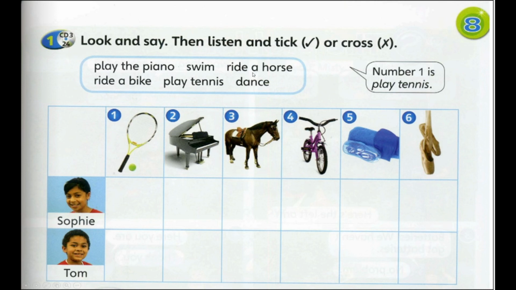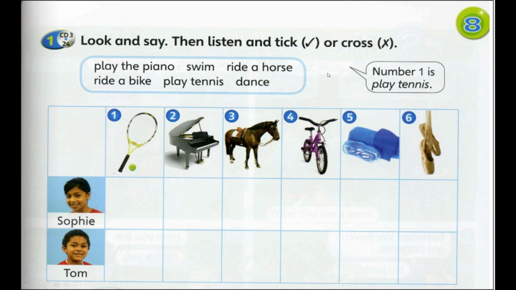Definitely ride a horse. What about picture number 4? Good, everyone. Ride a bike. Picture number 5. Yes, you can see the goggles here. It means that the activity is swim. And of course, the last one, the 6th picture, is dance.